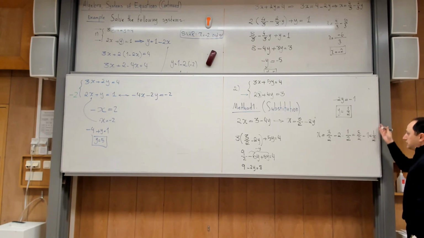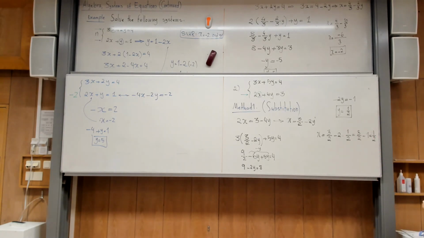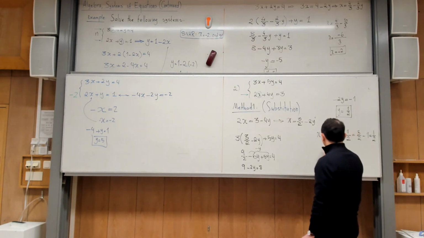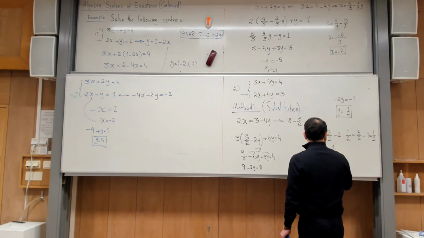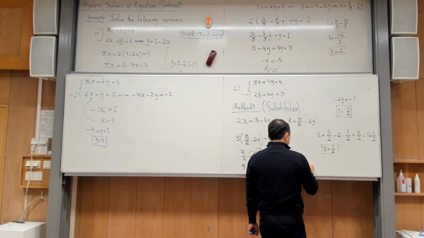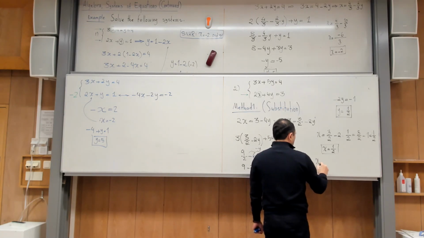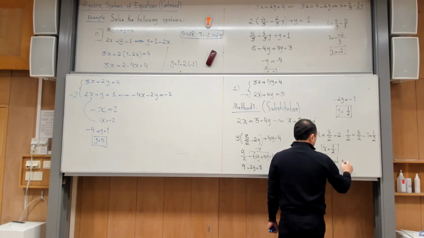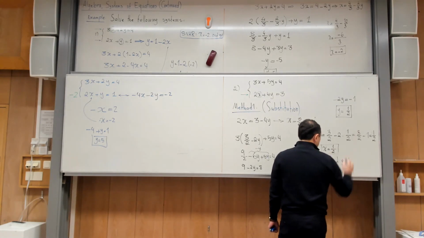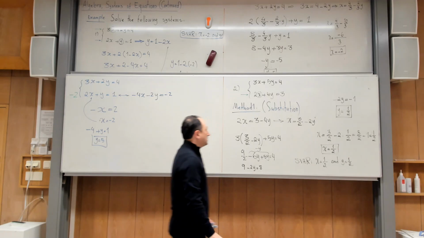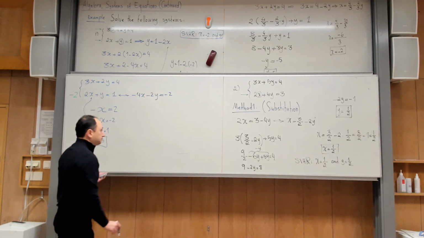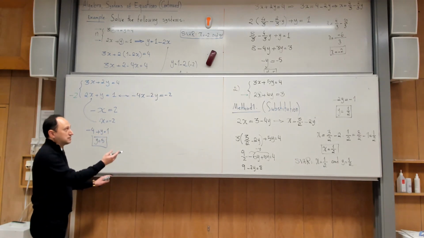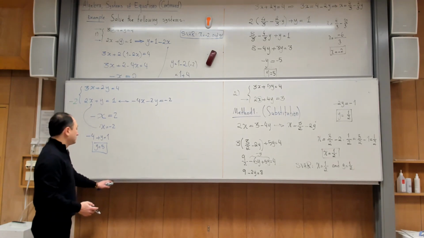This is a coincidence. X and y are the same. X is equal to 1/2, and y is also equal to 1/2. So I would write my answer: x equals 1/2 and y is equal to 1/2. So this is the method of substitution. I don't think that's a hard problem at all, so you know how to do that, yes?